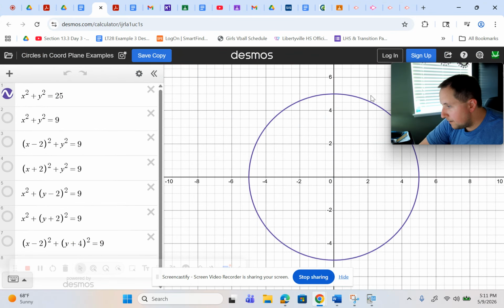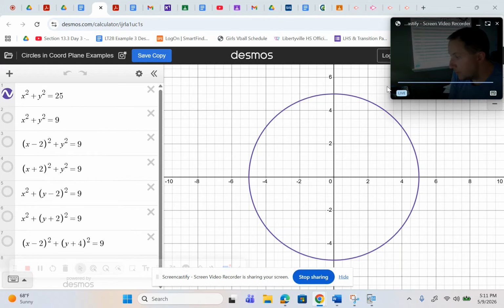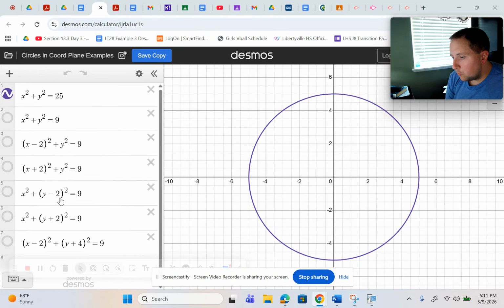So what I have here is a lot of, let me see if I can move my, there we go. I have a lot of different equations of circles just so you can see what happens as we start adjusting different values in the equation. So for the first one, a very simple type of equation, you'll notice there's no parentheses, there's no pluses or minuses next to x or y.